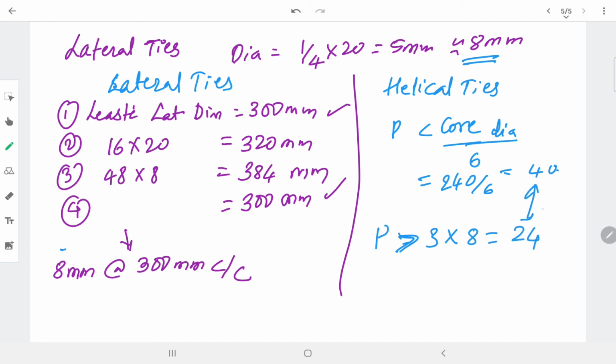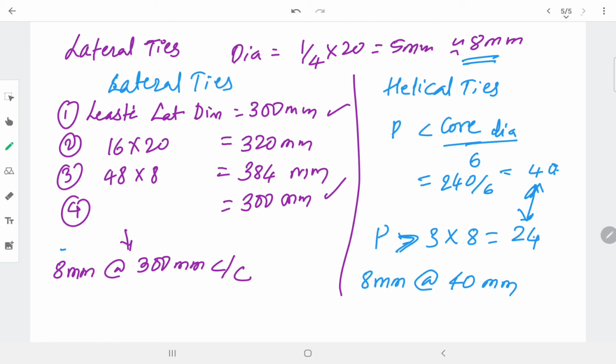The spacing or pitch should be in between these two values, 24 and 40. Maximum I can take up to 40. So 8 mm at a pitch of 40 mm. In this way you will be calculating the helical ties.